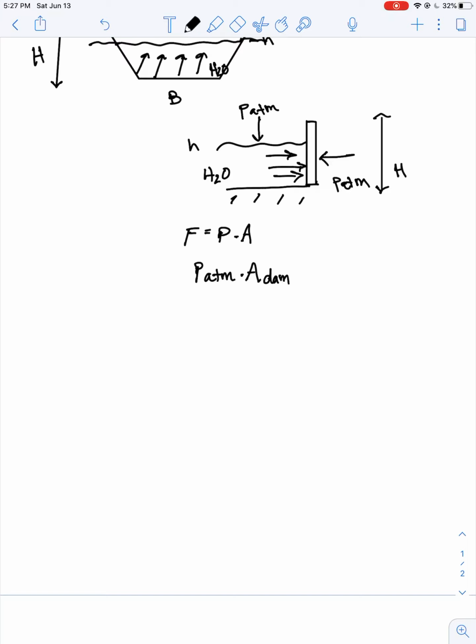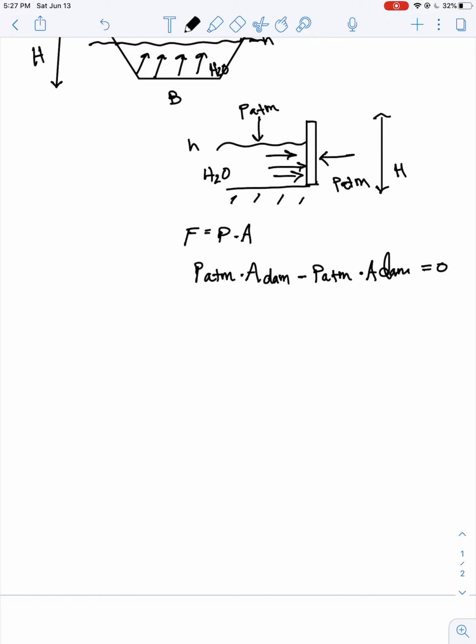And so what about right here on the right? It will be the opposite direction. We'll have to subtract the force, which is the atmospheric pressure times the total area of the dam. And so they will cancel out.